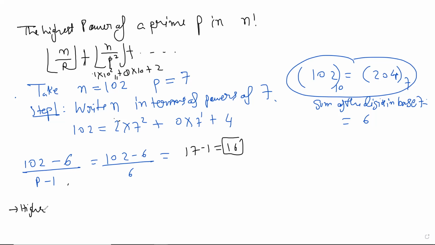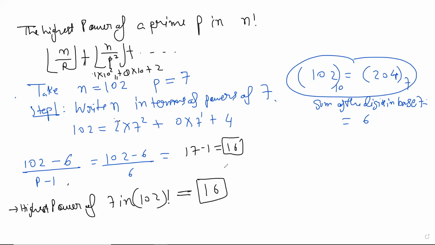So highest power of 7 in 102 factorial. 16. Yes. So you see, it will come out to be 16 only, right?